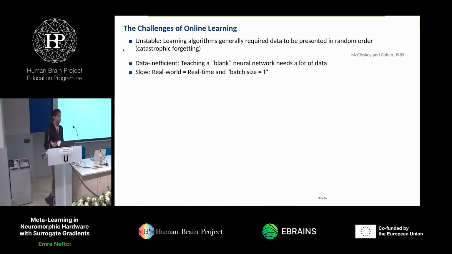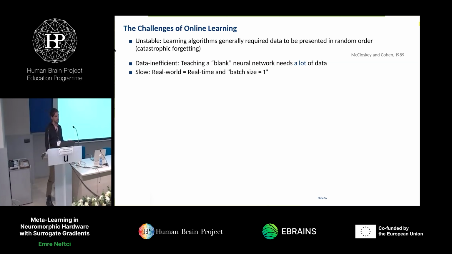There are several reasons why this is happening. One you might already know is the problem of catastrophic forgetting. Conventional neural networks tend to forget what they've learned if you don't repeat the data. And that's just because of how the learning formulation is done. In order to learn, you basically need to present the data in an independent and identically distributed fashion. If you don't do this, then you forget.